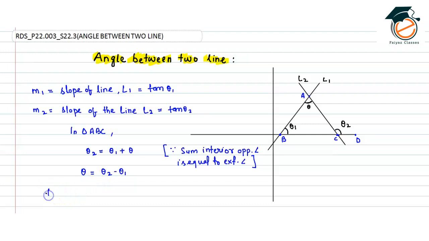Now if we want to find tan theta, we write tan of theta 2 minus theta 1.